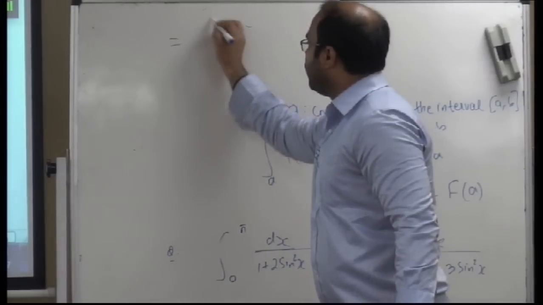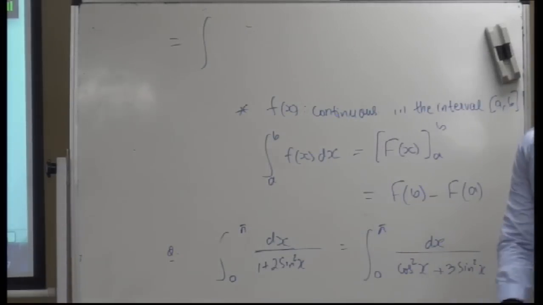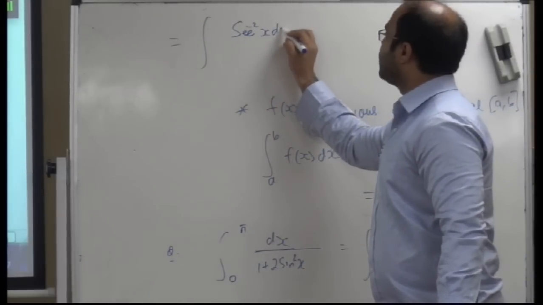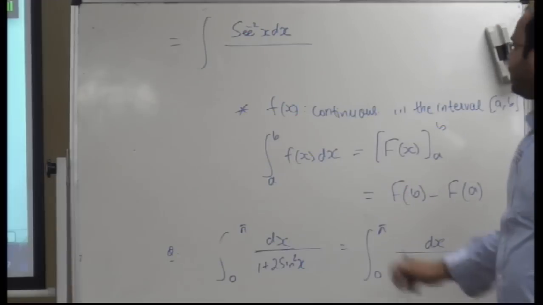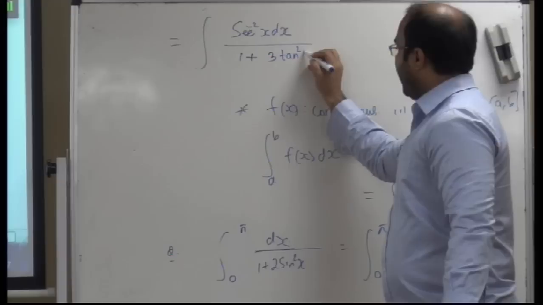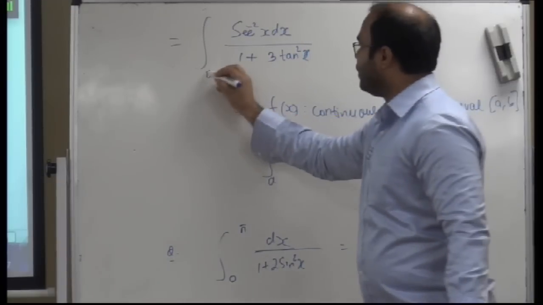Now let us divide by cos square x in the numerator as well as in the denominator. So this would become sec square x dx upon 1 plus 3 tan square x, right? And the limit is 0 to pi.